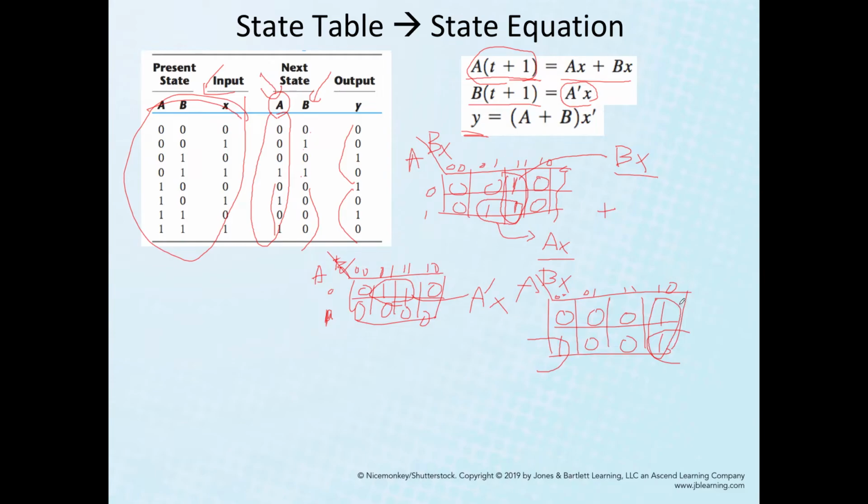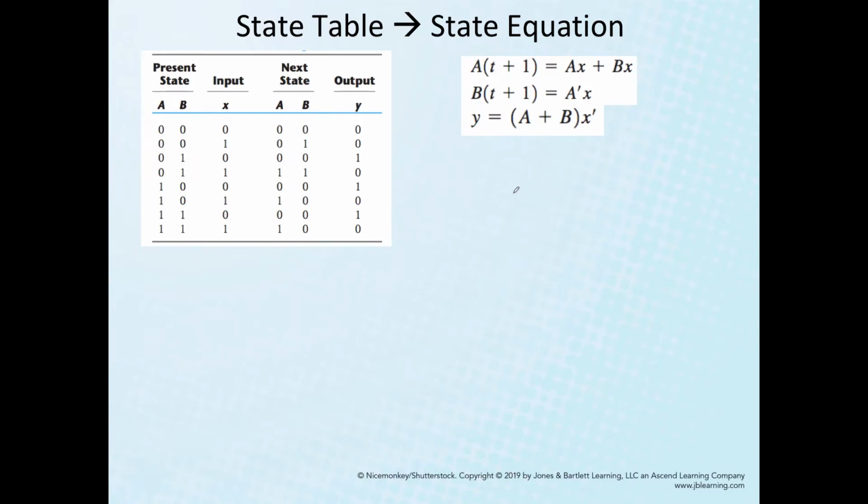This prime implicant expression is A B X not, and this expression is A and then X not. So this is the expression for Y. So we have derived the state equation out of the state table.